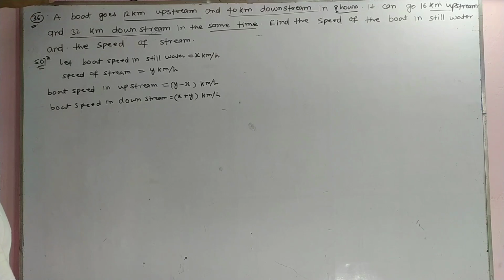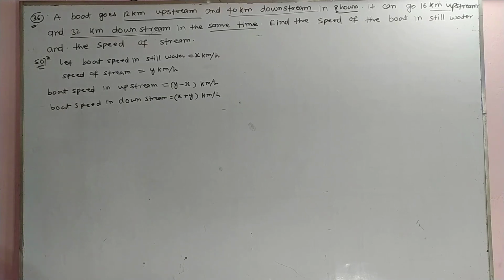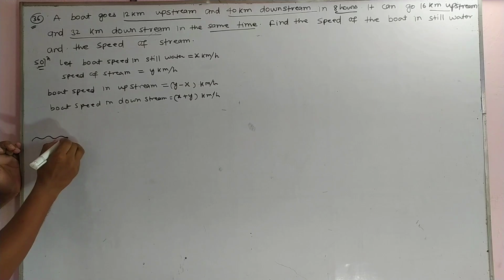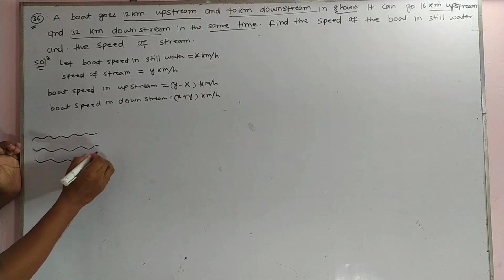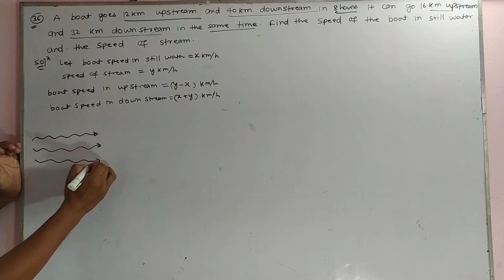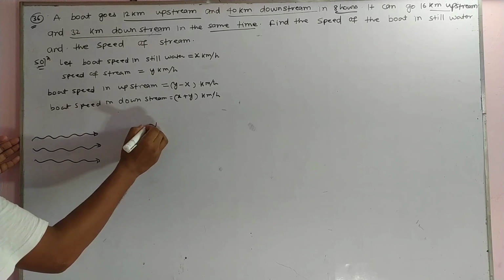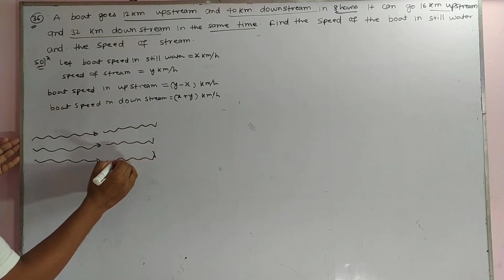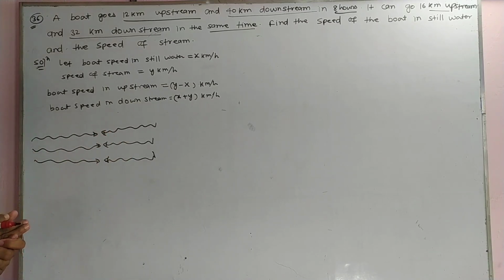According to the question, a boat goes 12 km upstream and 40 km downstream in 8 hours. Suppose this is the stream, and here also a stream, and the direction of the stream is like that.